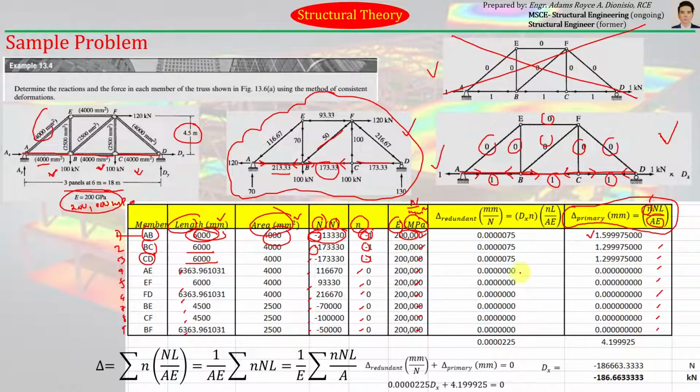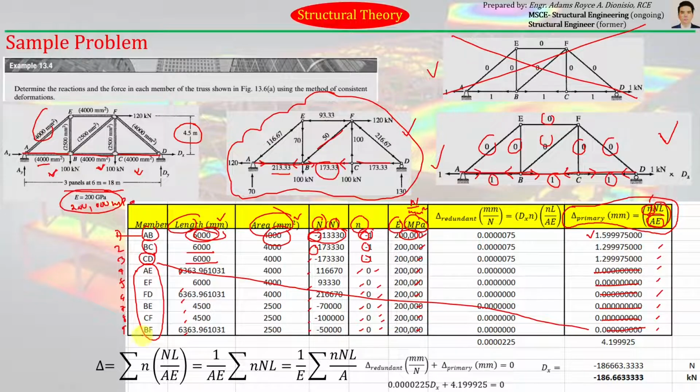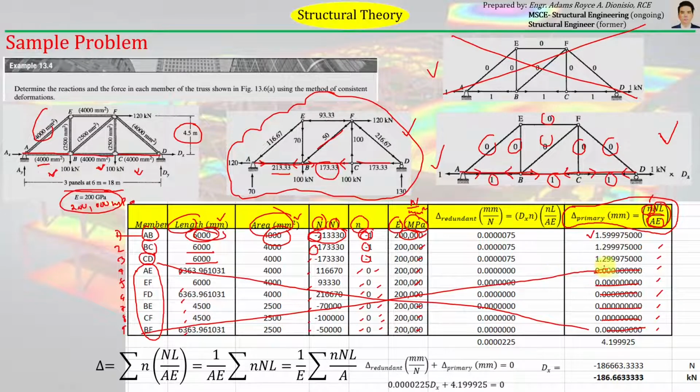But as you can notice, since we have 0 values for N from member AE down to member BF, obviously, if you multiply that zero to this value here, the answer will just be equal to zero as well. So basically, you no longer need to compute all of these values from member AE to member BF.